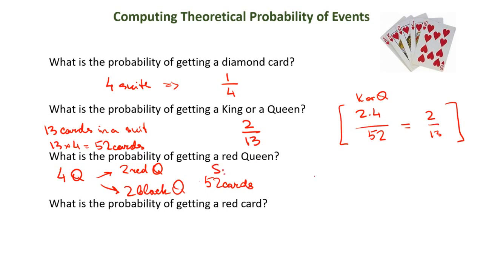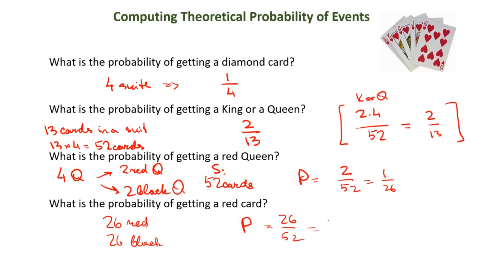The probability of getting a red queen will be 2 of 52 or 1/26. Probability of getting a red card. There are 52 cards, 26 are red, 26 are black cards. So the probability is 26 from 52 or 1/2.